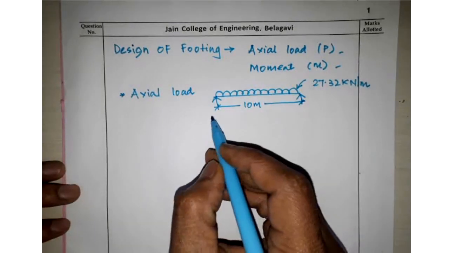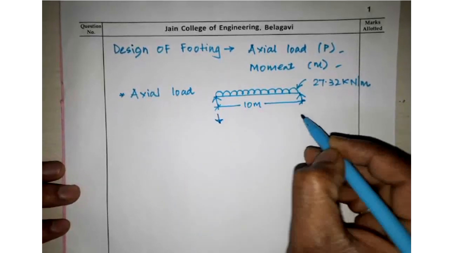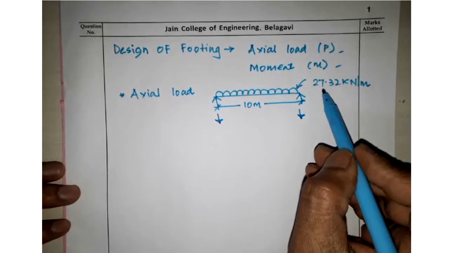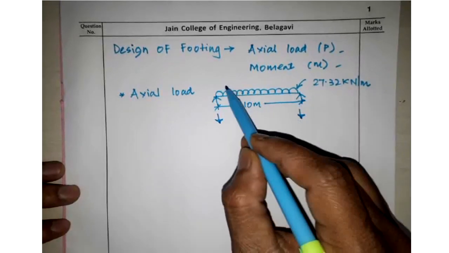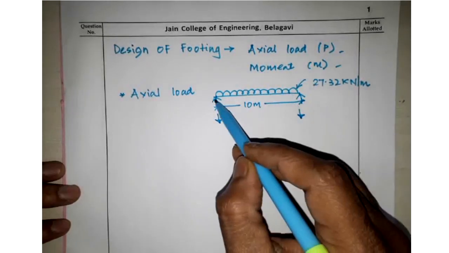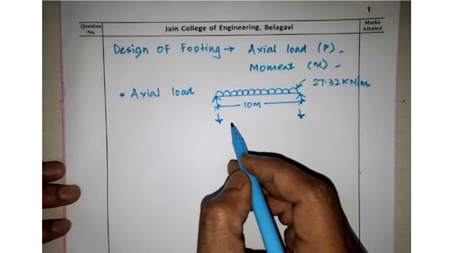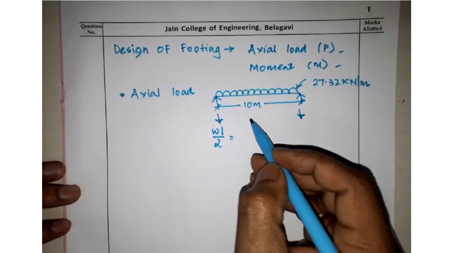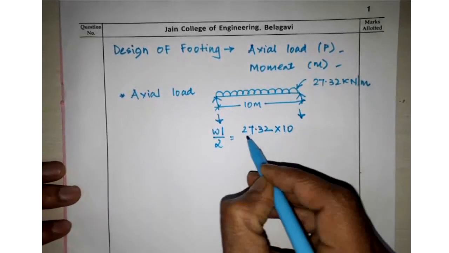The axial load will act as a vertical force over the column. The reaction of the load will act over the column, because whatever load is carried by the beam has to transfer to the column as axial load. So this will be WL by 2, which is 27.32 into 10 divided by 2.